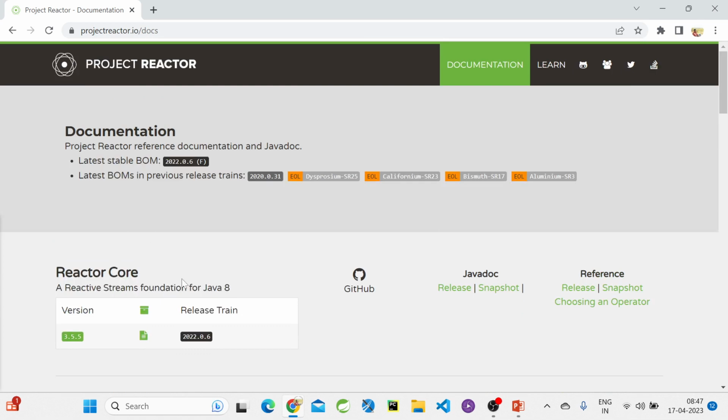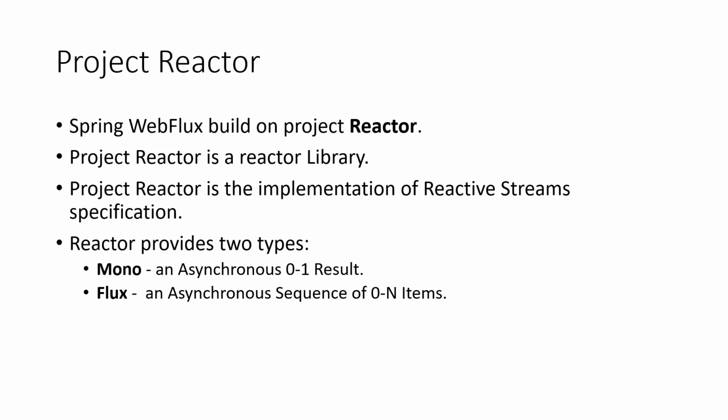In the upcoming sessions we will discuss all of these things about Reactor. As we discussed, in the next section we will discuss Mono and Flux.